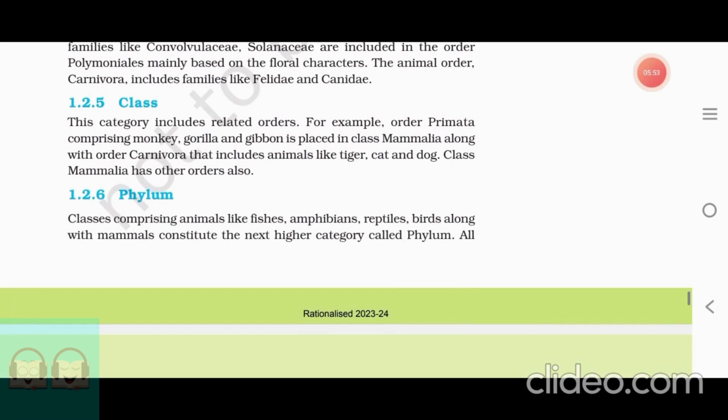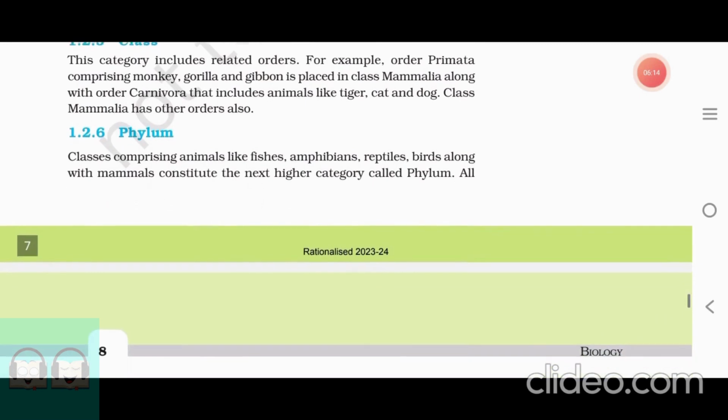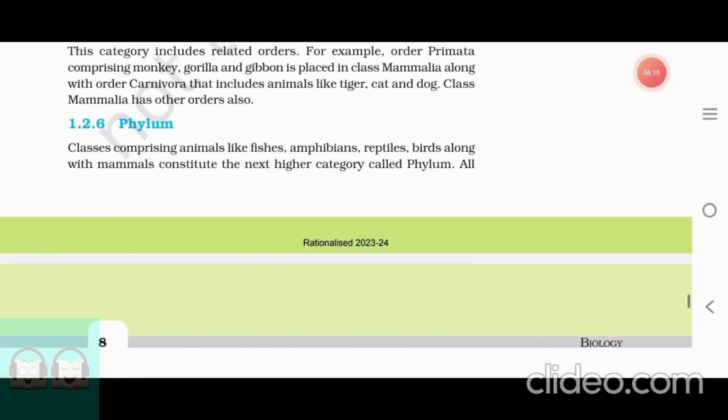Class. This category includes related orders. For example, order Primata, comprising monkey, gorilla, and gibbon, is placed in class Mammalia along with order Carnivora that includes animals like tiger, cat, and dog. Class Mammalia has other orders also. Phylum.